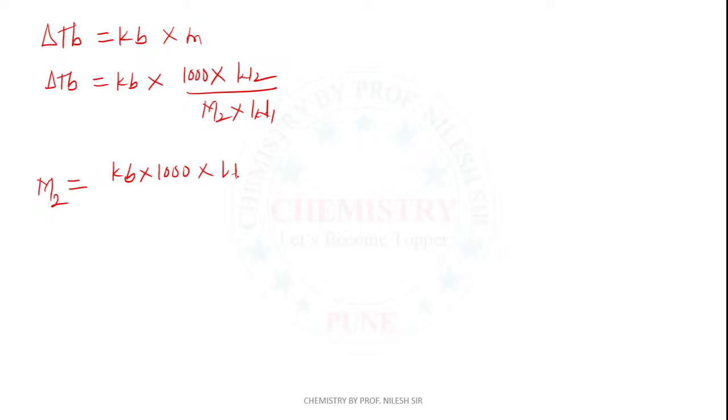TB is given, the boiling point of the solution, 84.27, minus the boiling point of the pure solvent, ethyl acetate, 77.06. We get a certain value, then put this value of delta TB into W1. W1 is given as 150. Then we get the molar mass, and this molar mass has the unit gram per mole. Get it? A simple calculation.